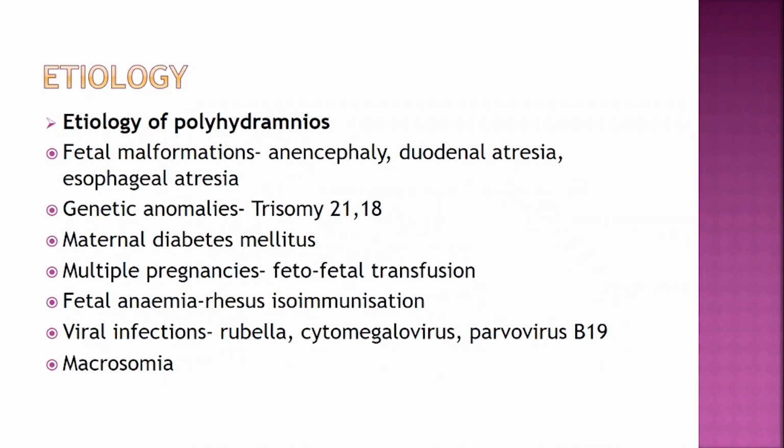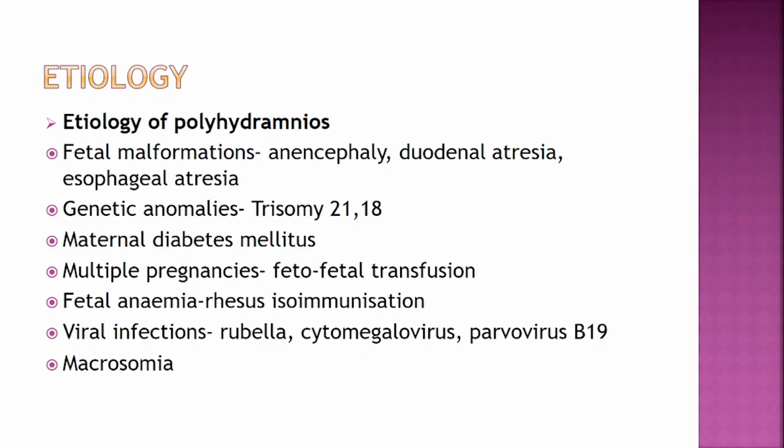So anything that prevents fetal swallowing will lead to accumulation of amniotic fluid, thereby leading to polyhydramnios. You discover that in all these conditions, anencephaly, duodenal atresia, esophageal atresia, fetal swallowing is prevented, leading to excessive accumulation of amniotic fluid.